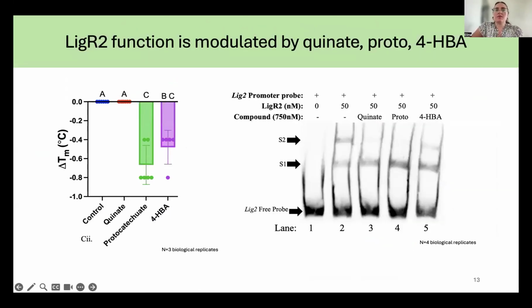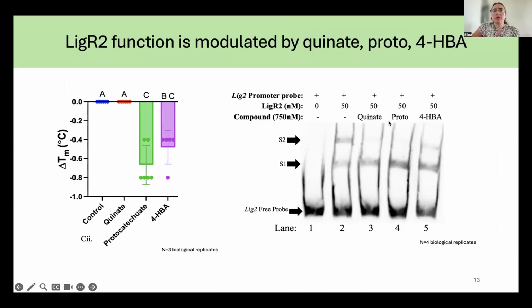We conducted similar experiments for IclR-2, and we showed that protocatechuate and 4-HBA have a destabilizing effect on the melting temperature of the protein. Interestingly, when we conducted EMSAs, under the wild type condition you normally form two bands in the EMSA. One corresponds to the dimer and the other to the tetramer.